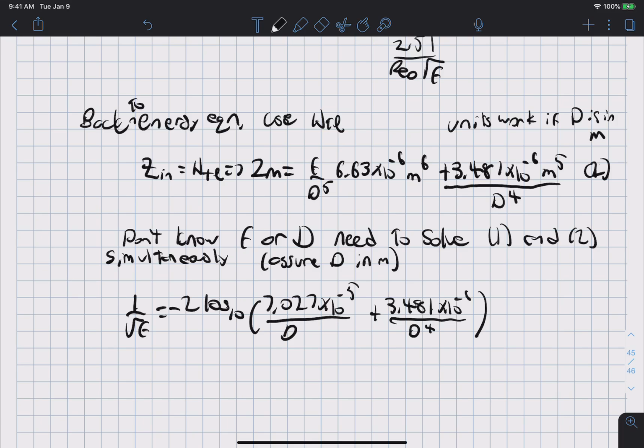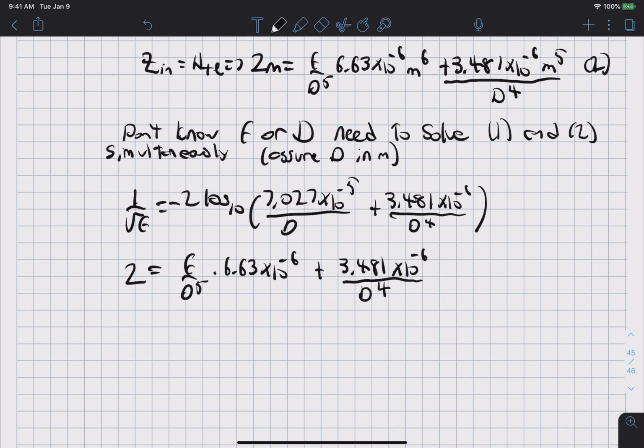And for equation 2, we have 2 equals f over d to the fifth times 6.63 times 10 to the minus 6 plus 3.481 times 10 to the minus 6 divided by d to the fourth. And so we essentially have 2 nonlinear equations for 2 unknowns, and we need to solve them. Okay? And so where d is in meters.